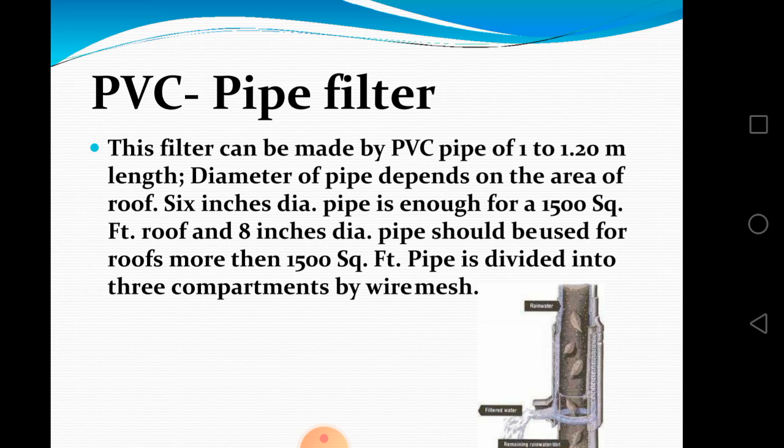So rain endowment means the total amount of rainfall that takes place in that particular area. Out of this, the amount that is effectively harvested is called the harvesting potential of that particular area.